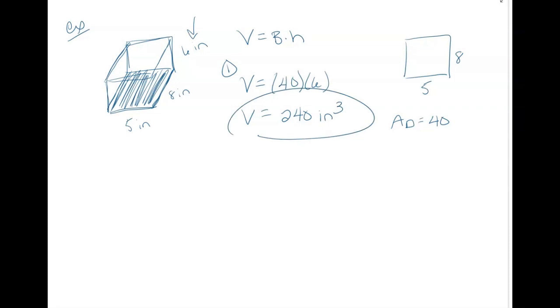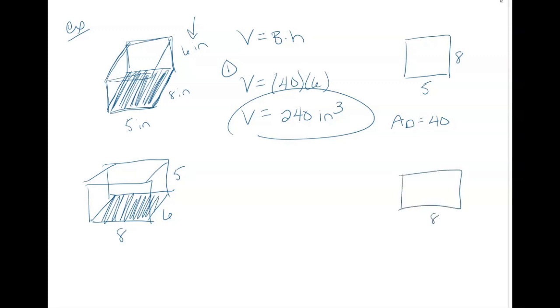Now, there's a chance that you might see it rotated differently, again depending on the orientation of the shape. You might see it as 8 and 6 and 5. Okay, in that case, again, as long as we stay consistent with our formula, now my base is 8 and 6, giving me the area of 48, but that's okay because multiplication is commutative.